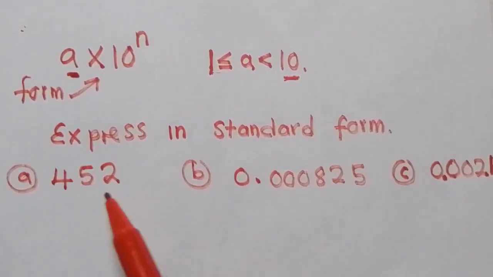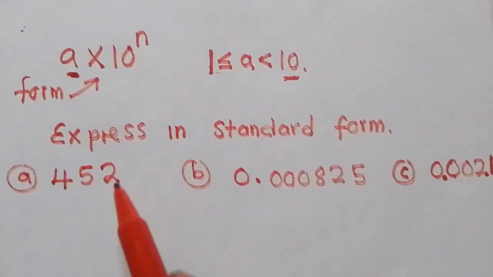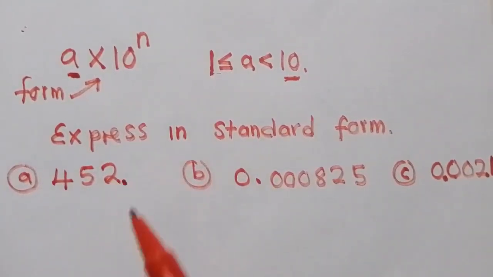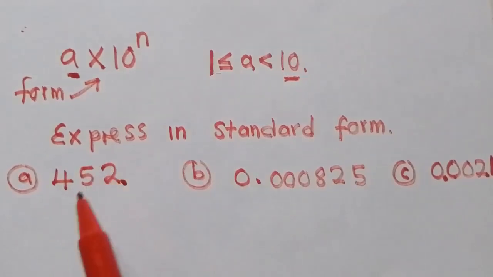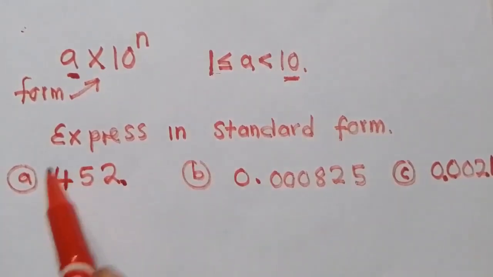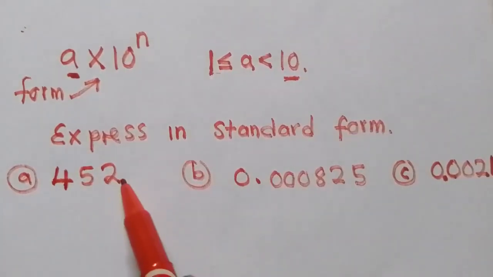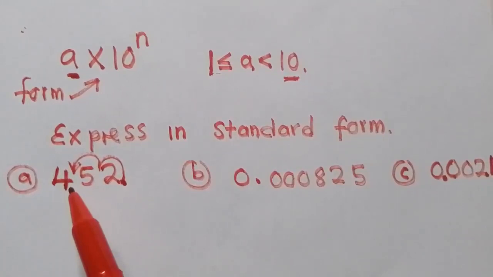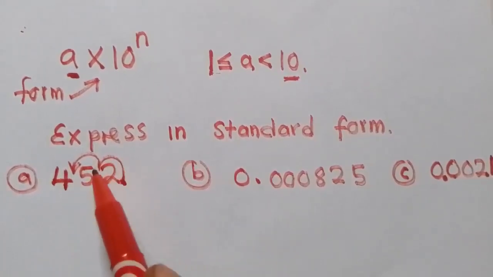When a number is written like this, where is the point? The point is here. Now, how many steps are you going to move so that the point is placed where you are just remaining with one number? You move 1, 2. The point should be here. So we moved 2 steps.